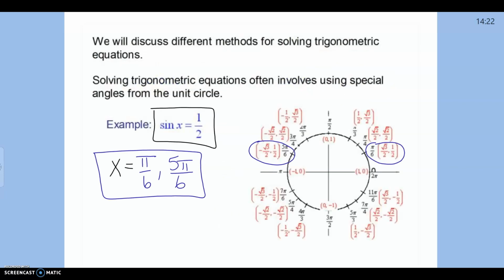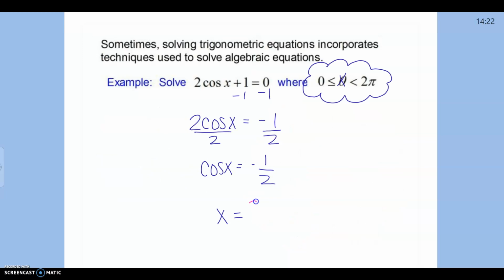I will find that my x coordinate is -1/2 right here at 2 pi over 3, and also at 4 pi over 3. So my answers for this problem are 2 pi over 3 and 4 pi over 3. When you're solving an equation, you're just going to get the sine, cosine, or tangent by itself, and then go looking at your unit circle.